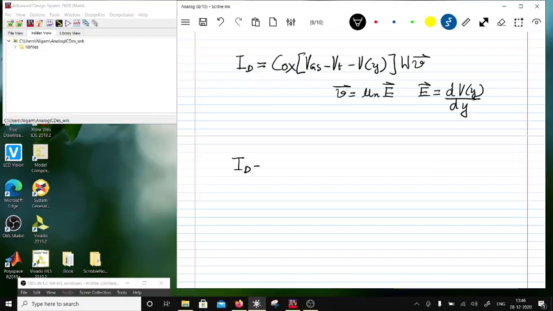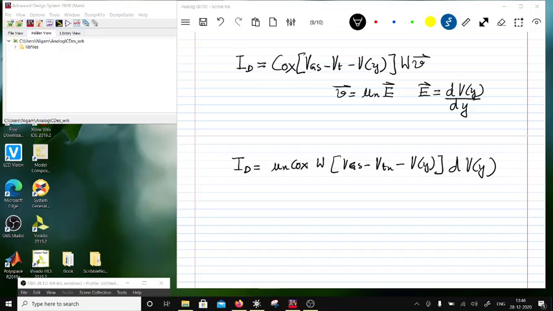Okay, so let's substitute everything back. In that case the drain current will be equal to mu n COX times W times (VGS minus VTn minus Vy) dVy, and we'll take this differential to the left-hand side, dy.